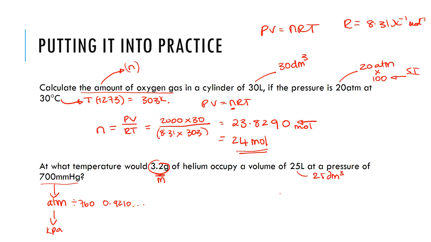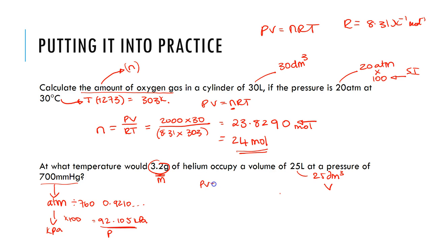And then to go from atmospheres to kPa, I'm going to multiply by 100, which when I do that, I'm going to get 92.105 kilopascals. Okay, so that's my pressure worked out. So this is P. I have V. Okay, I want to find T, remembering that it will be in Kelvin.